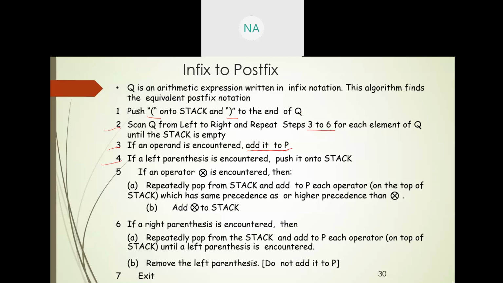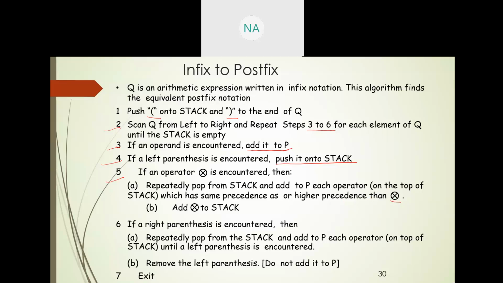Step 4: if a left parenthesis is encountered, that left parenthesis is pushed onto the stack. Step 5: if an operator is encountered, then repeatedly pop from the stack and add to expression P each operator from the top of the stack which has the same precedence as or higher precedence than the encountered operator.